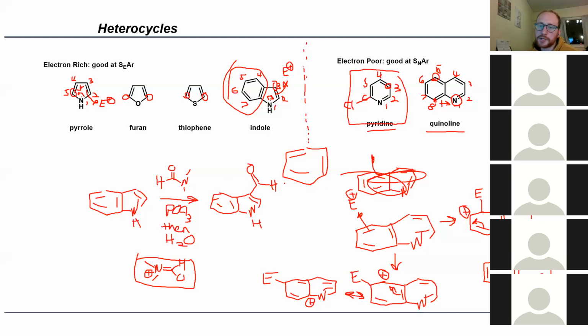Heterocycles are super important compounds. We have a whole class here dedicated to them at Berkeley. One of the upper-level classes is just about the chemistry of heterocycles. But what we learned so far is a brief look at electron-rich and electron-poor heterocycles and their reactivity. Any questions on this?